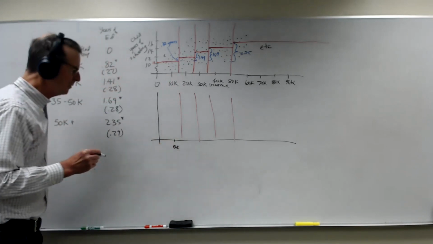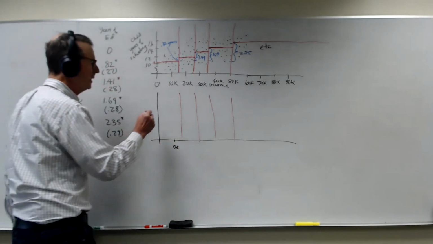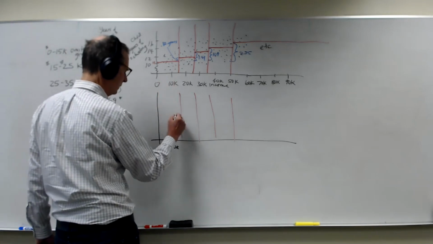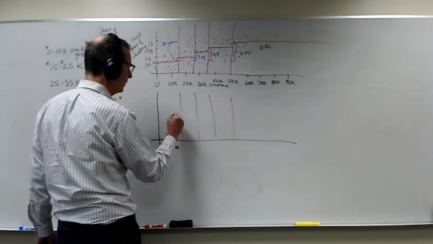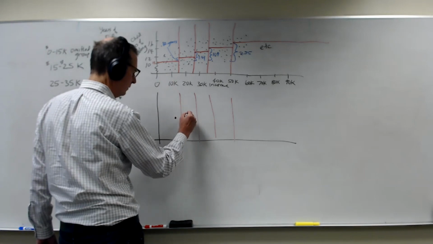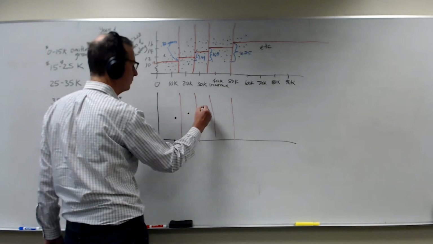Relatively few people have very, very low income, so the mean is probably more like 12 or 13 thousand dollars. So we're getting this pattern of increases.